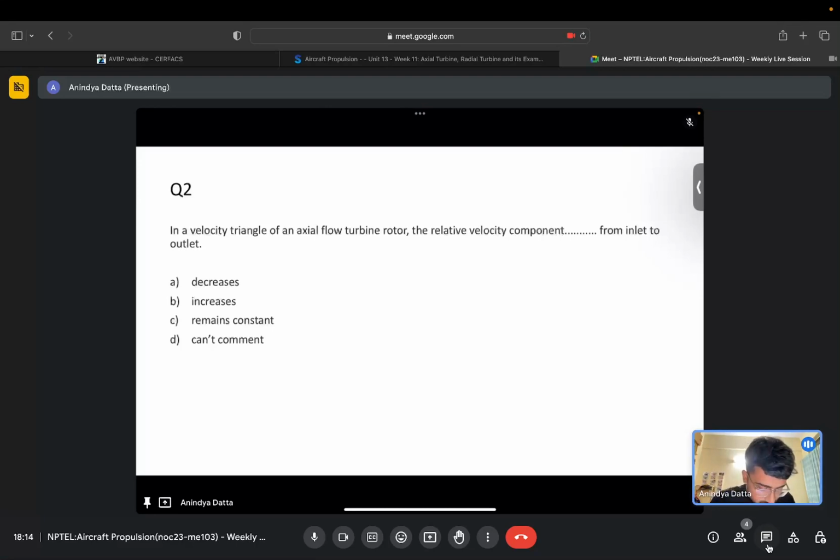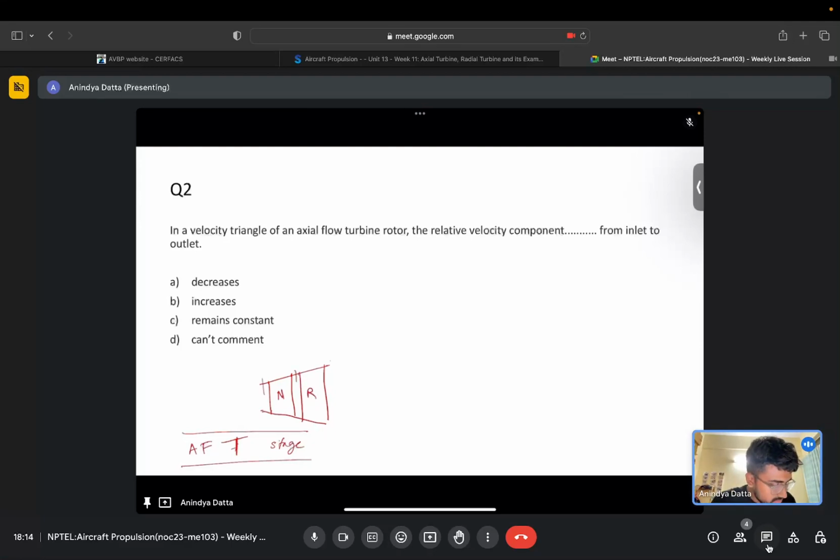Okay, let me draw the velocity triangle. So this is one stage of an axial flow turbine. This is the nozzle, which is the stator blades, the blades which are fixed, and these are the rotor blades which are rotating.